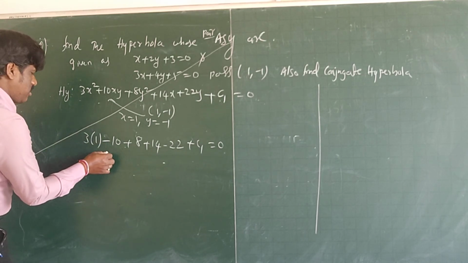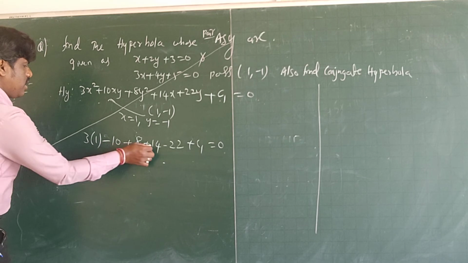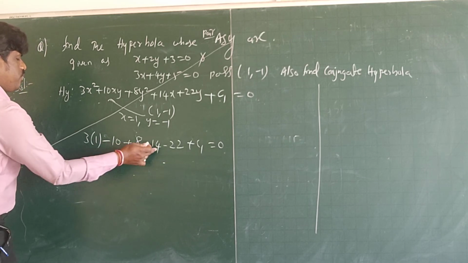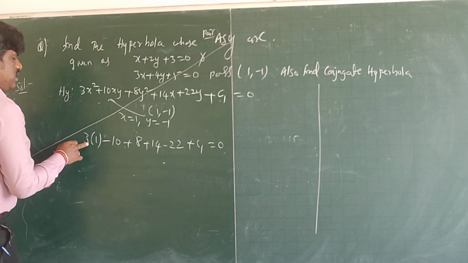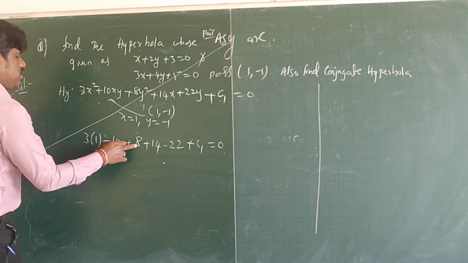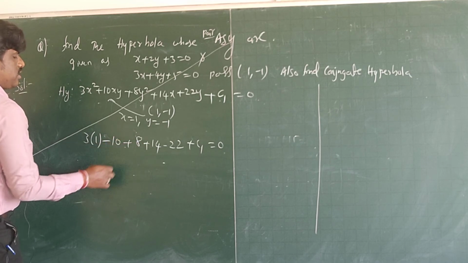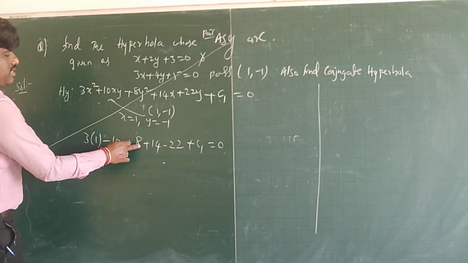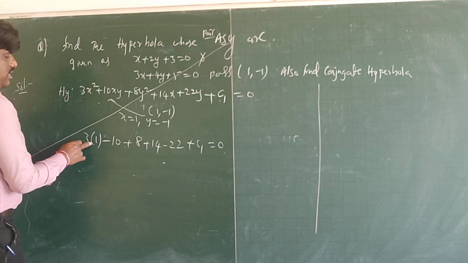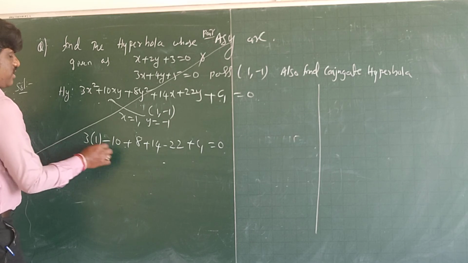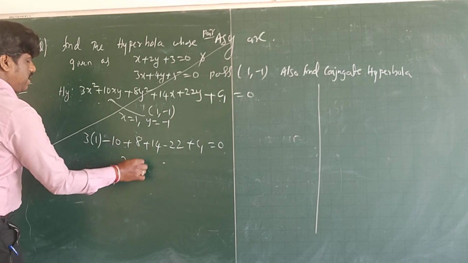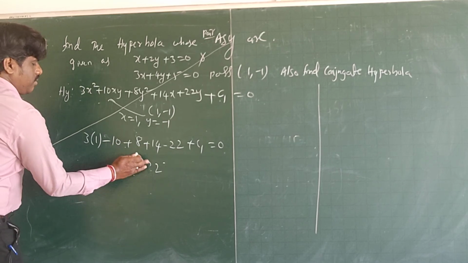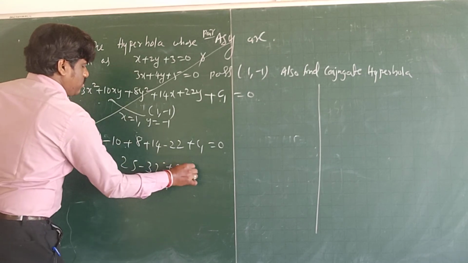So c1 value is how much? 14 plus 8, that is 22, 22 plus 3 is 25 I will get, and here minus 32 I will get, minus 32 plus c1 is equal to 0.